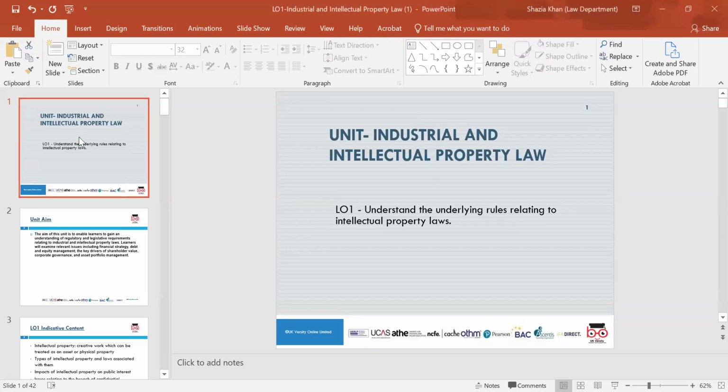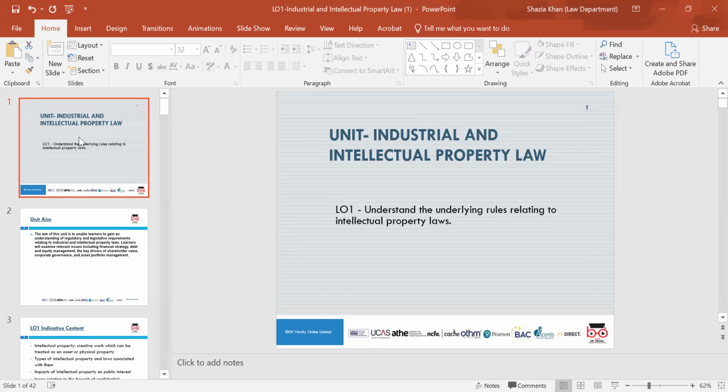So learning outcome 1 is to understand the underlying rules relating to intellectual property laws. As the world becomes more connected and globalized, there's a big increase in different types of innovation and new ideas, and there's more demand for protection of these ideas.